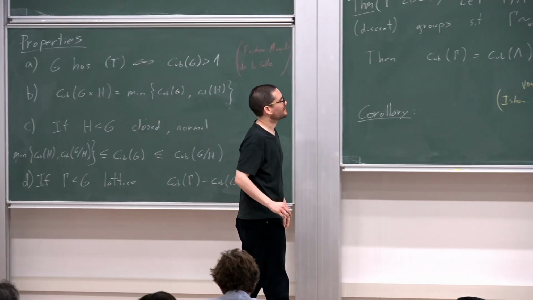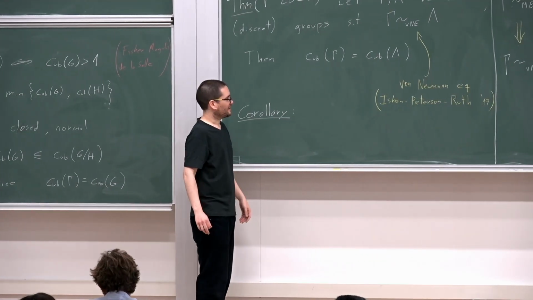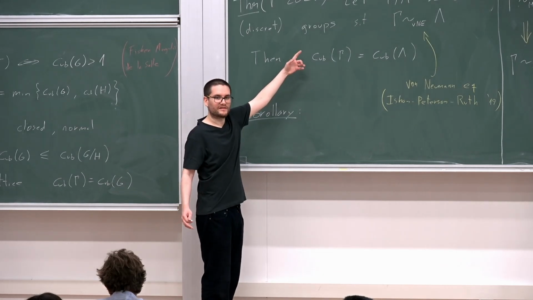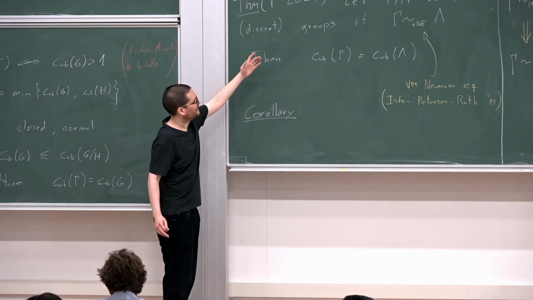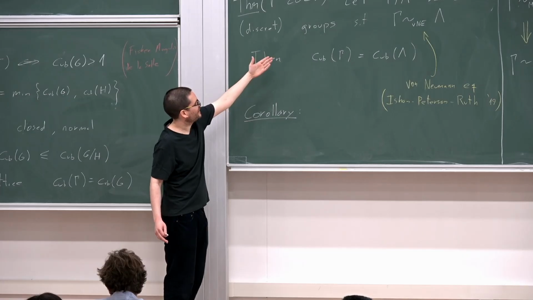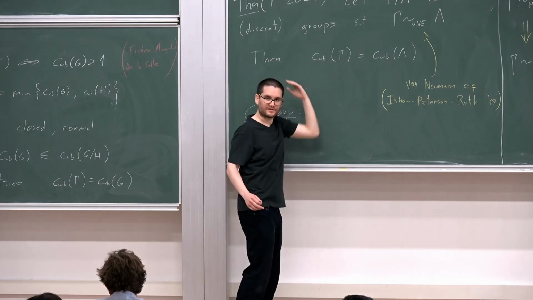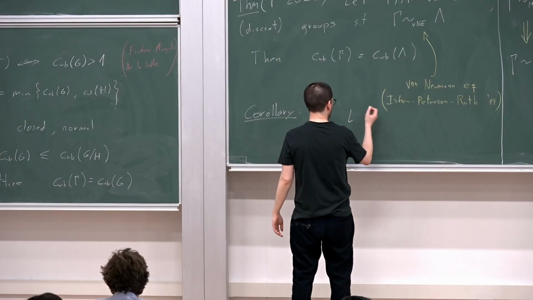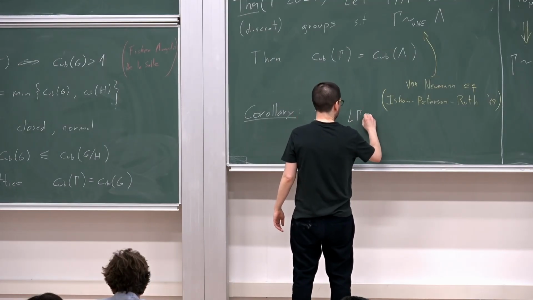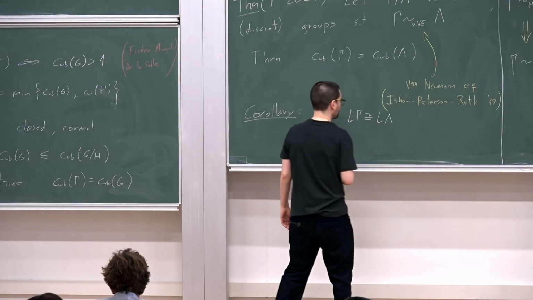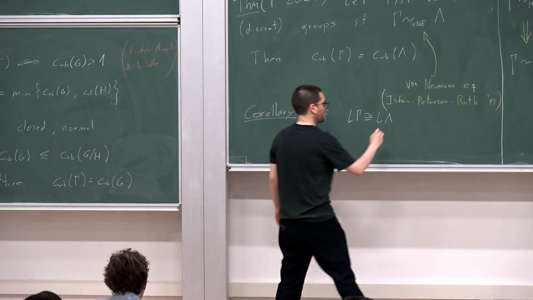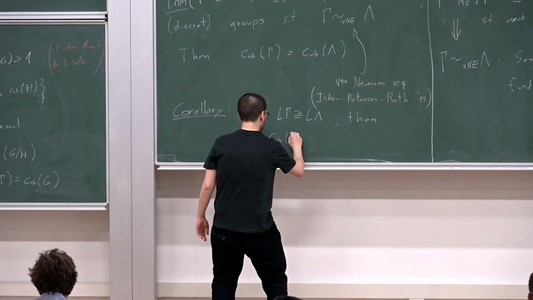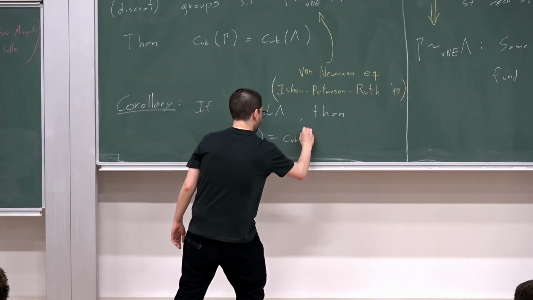One of those is that if two groups have the same von Neumann algebra, then they are von Neumann equivalent. So the corollary is that if two groups have the same von Neumann algebra, then they have the same constant. The corollary is that if the von Neumann algebra of gamma is isomorphic to the von Neumann algebra of lambda, then CUB of gamma is CUB of lambda.